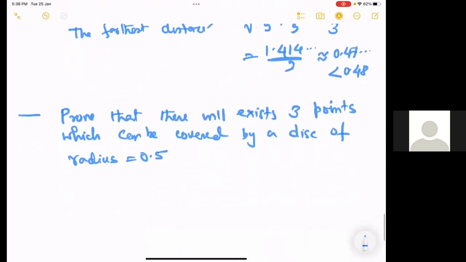It's the same thing. You have this 1 unit box and you are putting 10 points inside it. And the question is that there exist at least 3 points which can be covered by a disk of radius 0.5. Can someone attack it?